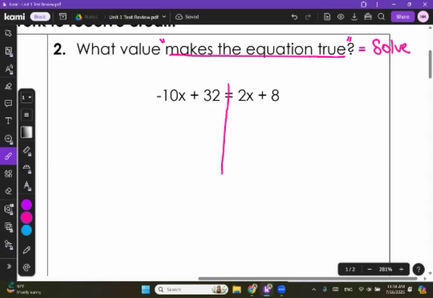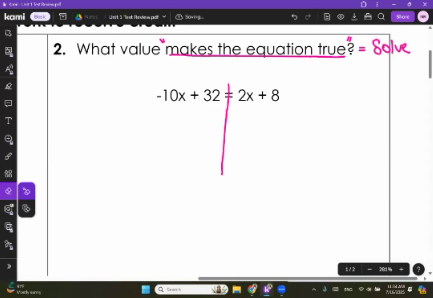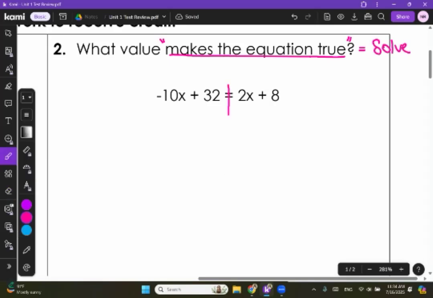In this case, we have an equation with variables on both sides. You'll notice that you have an x on both sides of the equation, so we go from small to large. Our smallest one is negative 10, minus changes to plus.